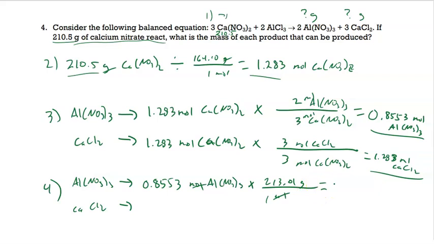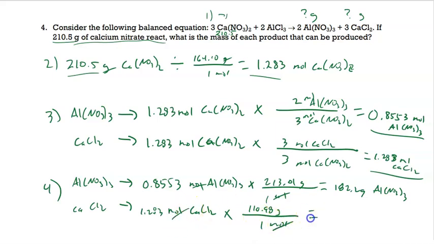That gives me 182.2 grams of aluminum nitrate. And then for calcium chloride, it's 1.283 moles CaCl2 times my molar mass of calcium chloride, which is 110.98. And I get 142.4 grams calcium chloride.